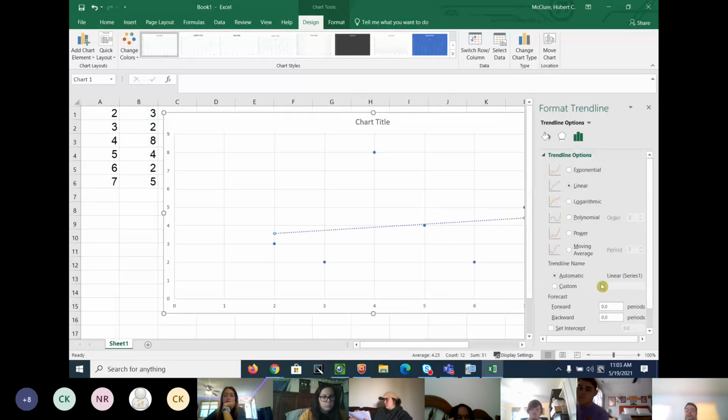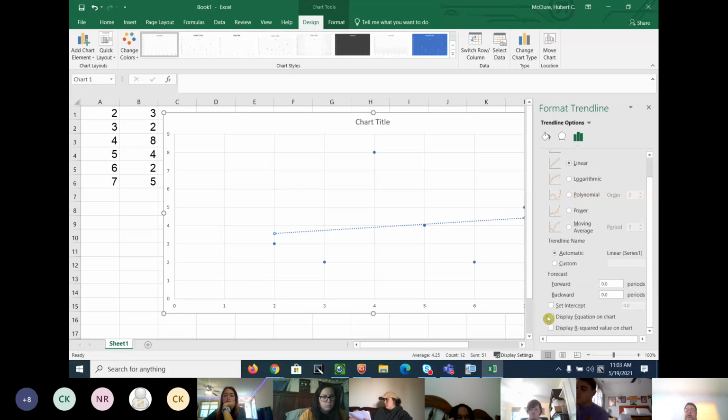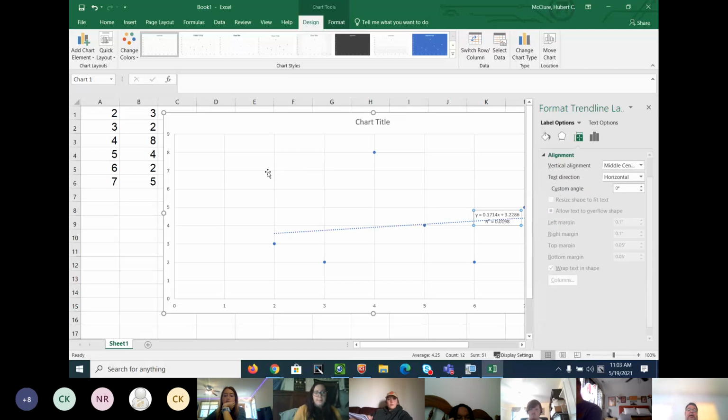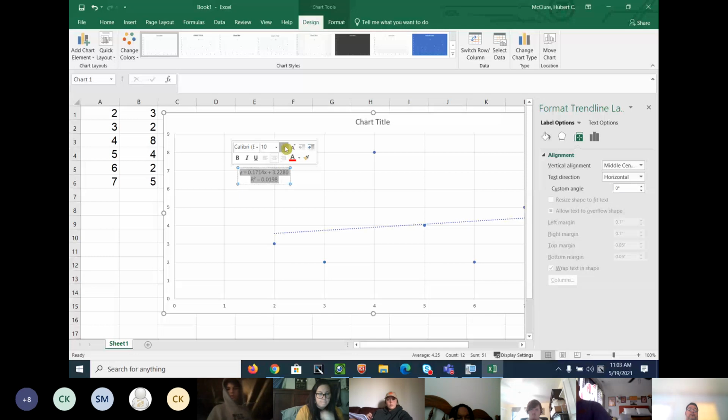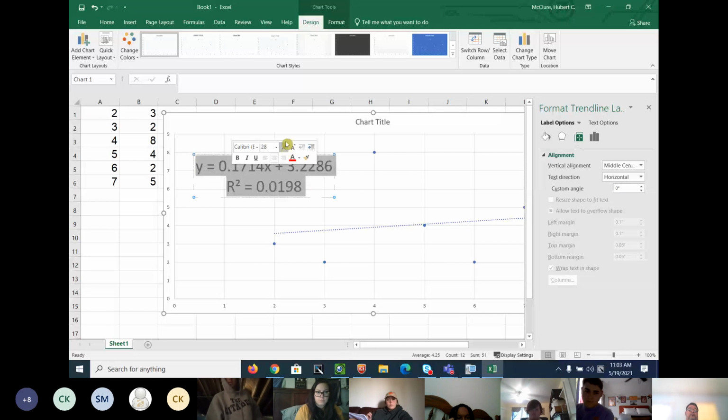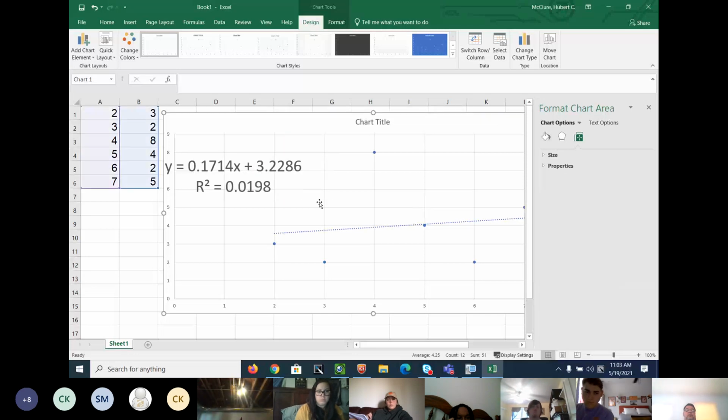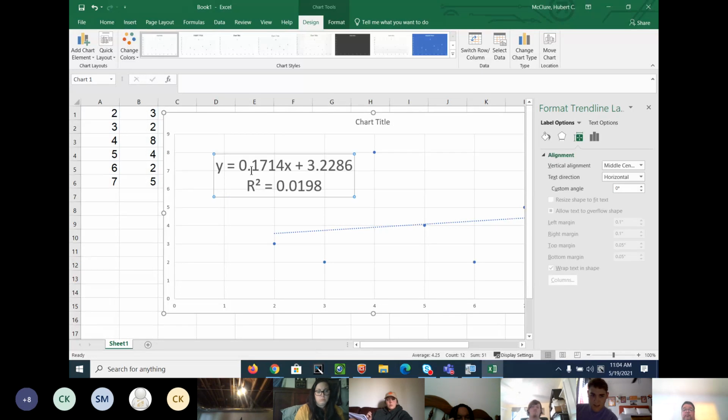Go down and hit Display Equation on chart. And there is your equation for your line. Don't y'all feel smart? Yes, indeed.